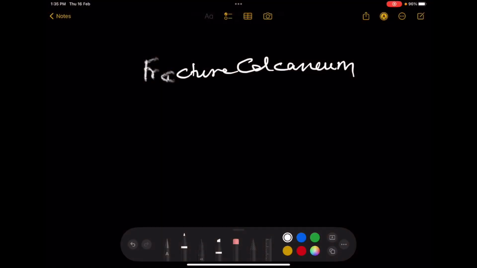If we draw the calcaneum, this is the calcaneum. Here is the tuber and the cruciate angle, and this is the anterior portion of the calcaneum. In the cruciate and the tuber angle is placed the talus.